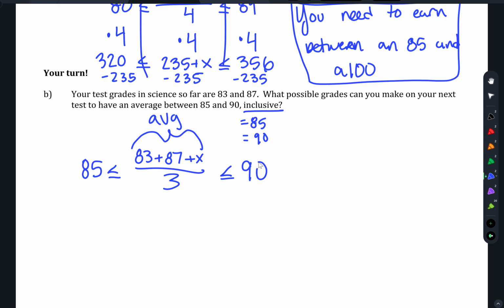And again, we would simplify this, combine our like terms, and then solve for x. I believe we end up with, I'll just do it really fast, 85 is less than or equal to x is less than or equal to 100. So in a sentence, you would say you need to earn between an 85 and a 100. Any questions on that?